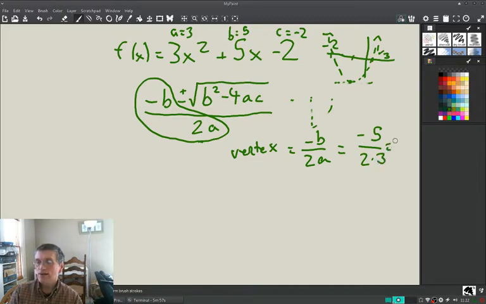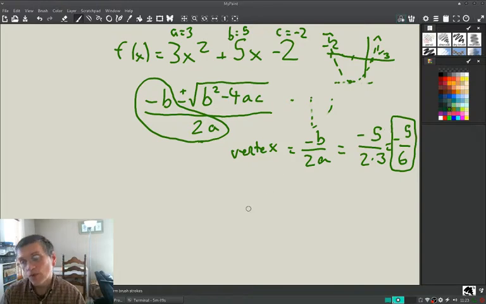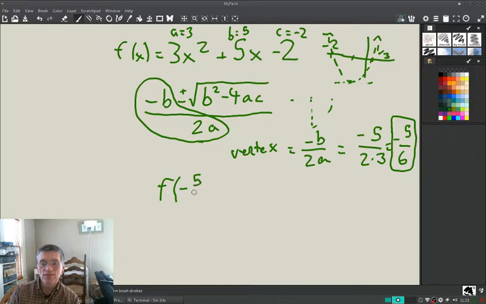So it's minus 5 over 6. That's the x-coordinate of our vertex. So we want the y-coordinate. So we want to know what y is when x is minus 5 over 6. I picked this because the numbers aren't terribly easy. They're not terribly hard. So let's find f of minus 5 over 6.